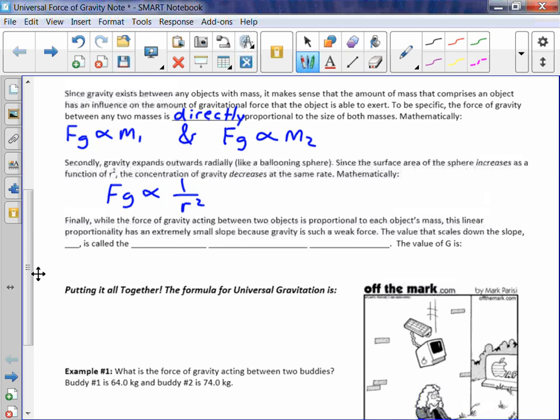Finally, while the force of gravity acting between two objects is proportional to each object's mass, this linear proportionality has an extremely small slope because gravity is such a weak force. The value that scales down the slope, capital G, is called the universal gravitational constant.